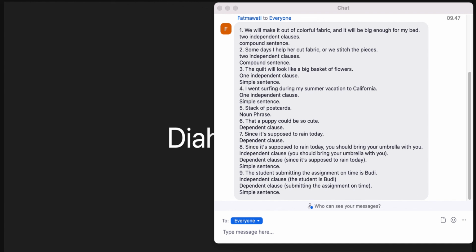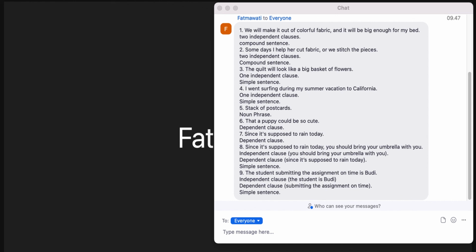Ya, Mbak Fatma. Ma'am, number 1 is compound sentence, ma'am, with 2 independent clauses. Yeah, good. And number 2 is the same, compound sentence, 2 independent clauses. And number 3 is simple sentence, 1 independent clause. Number 4, simple sentence with 1 independent clause.